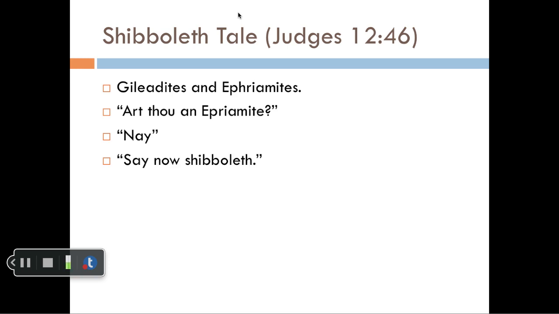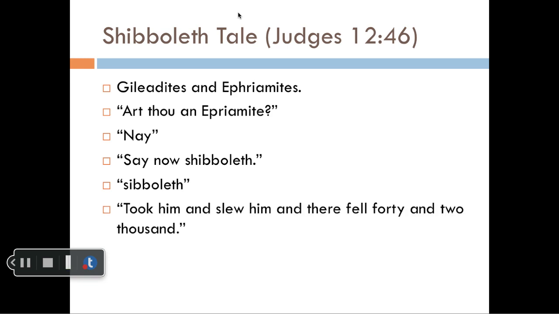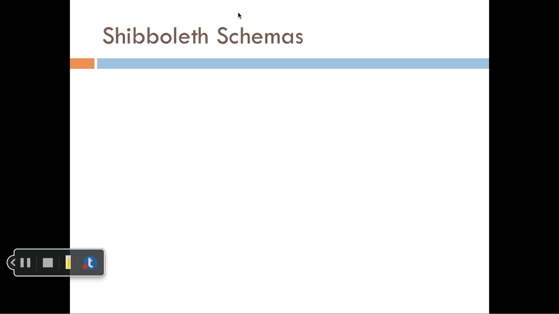They'd say, "Well, say now Shibboleth." If they were Ephraimite, they'd say Sibboleth, because they could not make the sh sound in their culture. And then they took them and slew them, and there were 42,000 people that they killed that way. One of those lovely Bible stories that we're all very familiar with.